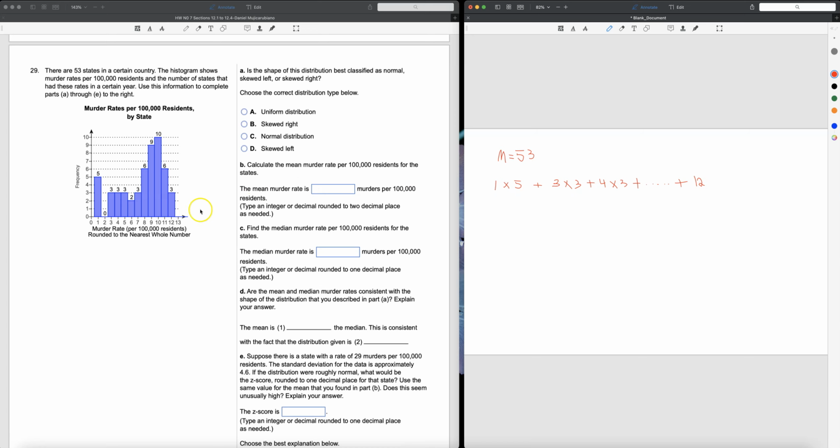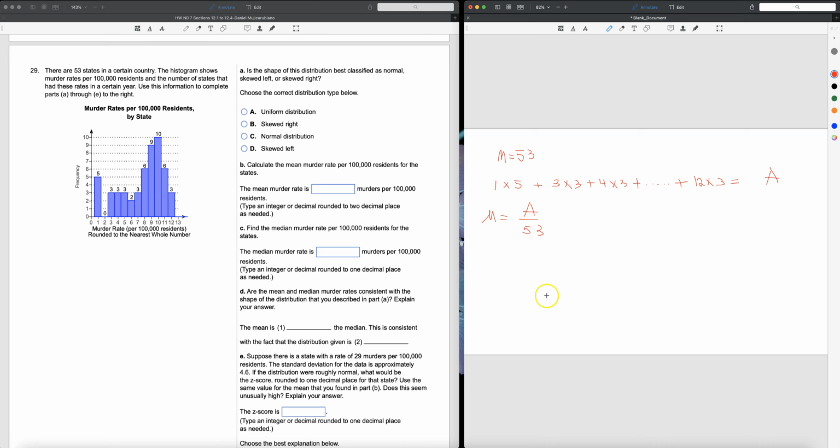And what was the frequency of that one? That was 3. Then you add all these numbers. I'm going to say that this addition is A, and the mean is going to be this number A divided by 53. That is going to be the mean.